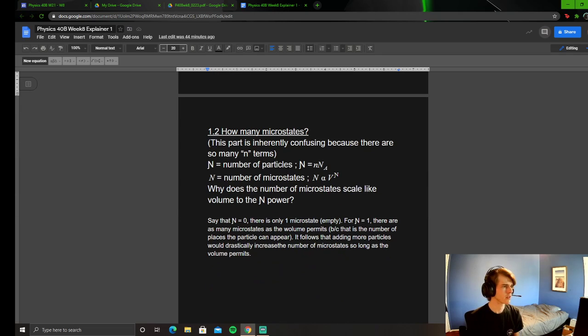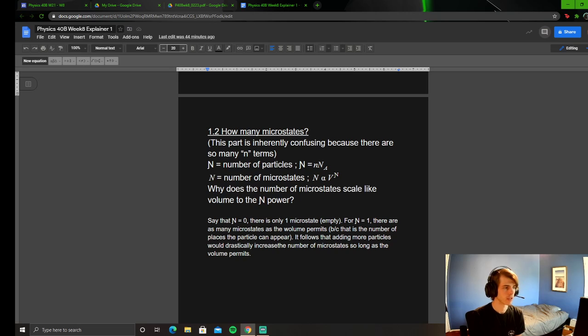Now it asks how many microstates are there? It also specifically asks in this question why does the number of microstates scale like volume to the squiggly n power? My explanation for this was that say squiggly n is equal to 0, right?